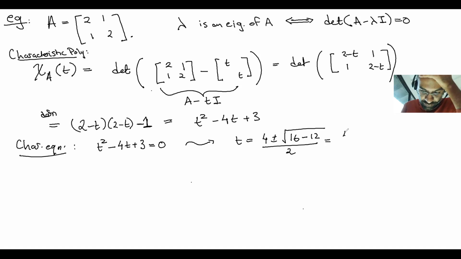So that's 4 plus or minus 2 divided by 2. That's 3 or 1. That's just a quadratic equation, right? So what's the conclusion? The eigenvalues are 1 or 3.